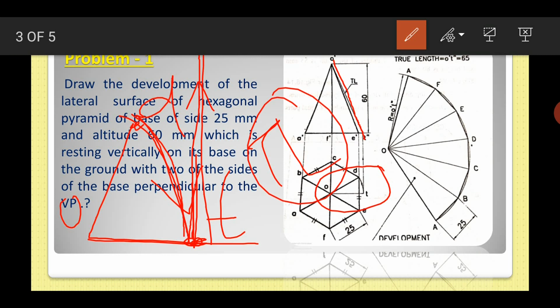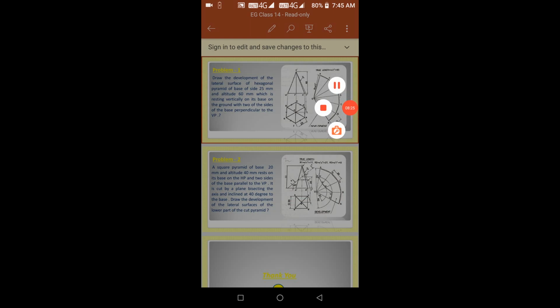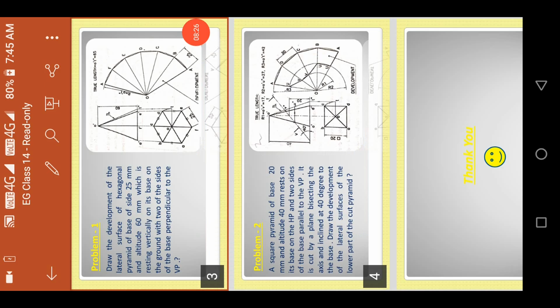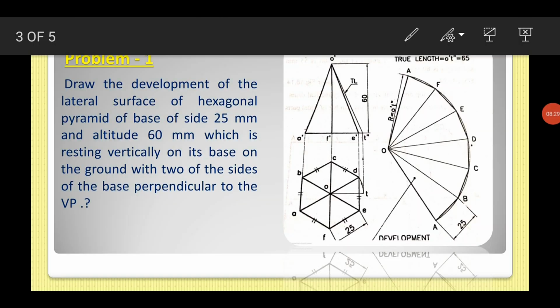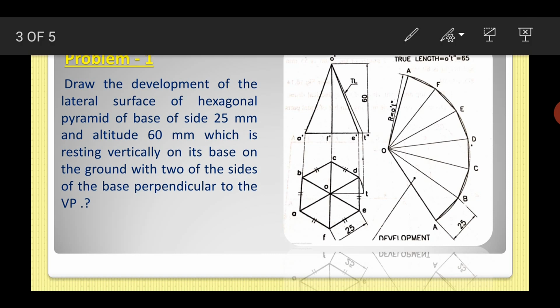So O dash to T double dash is the true length.